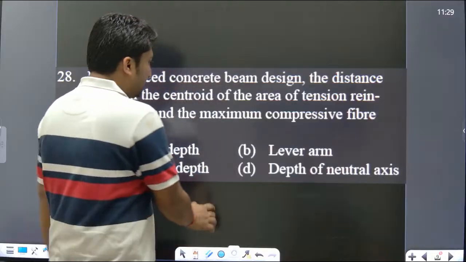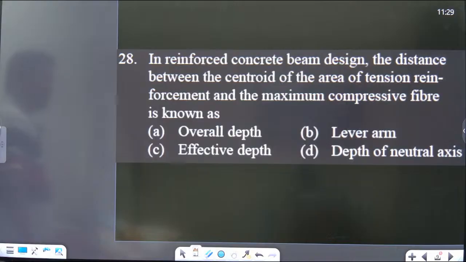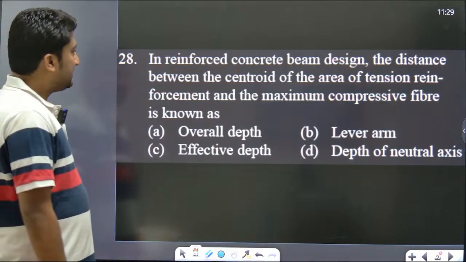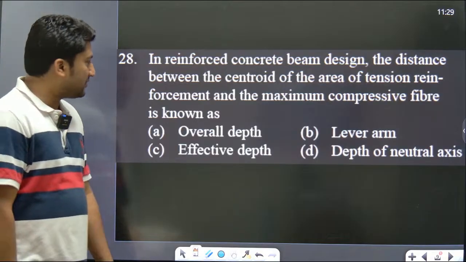Answer this question, guys. In a reinforced concrete beam design, the distance between the centroid of the area of tension reinforcement and the maximum compressive fiber is known as what?